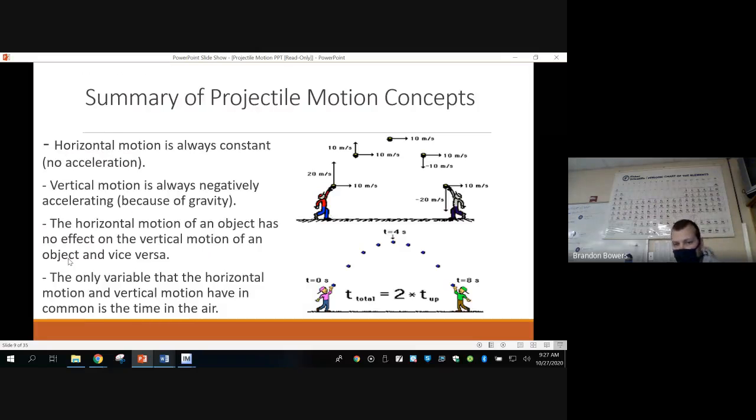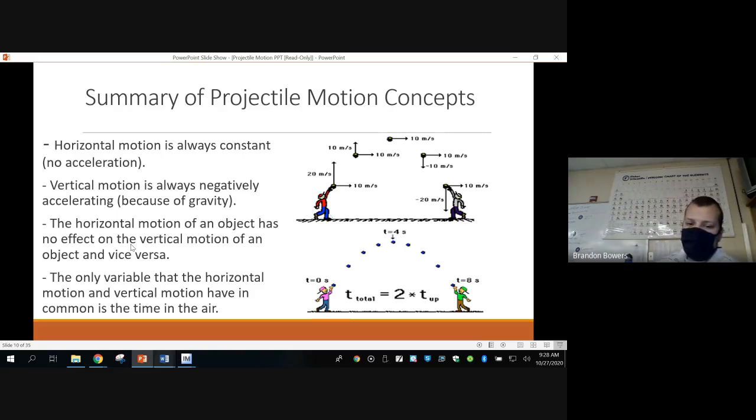All right. So, summary of projectile concepts. Horizontal motion is always constant. You're going to have a constant velocity. There is no acceleration. Vertical is always negatively accelerating. We already knew that from last chapter or 2 chapters ago. Vertical is always accelerating downwards at negative 9.8 meters per second squared.